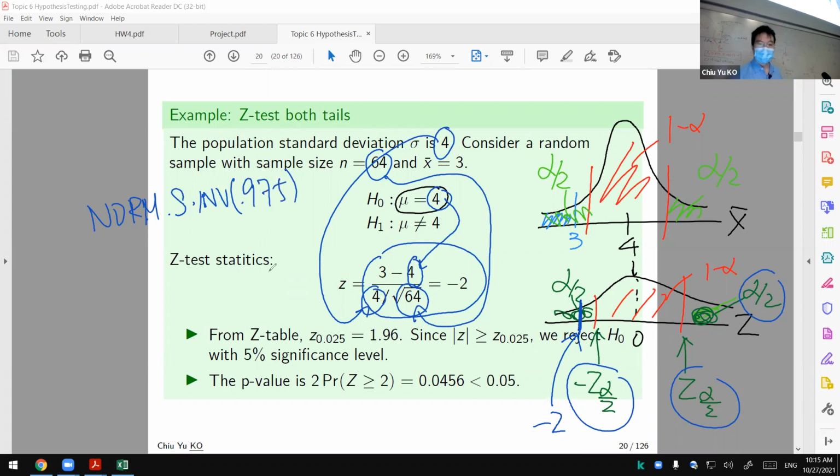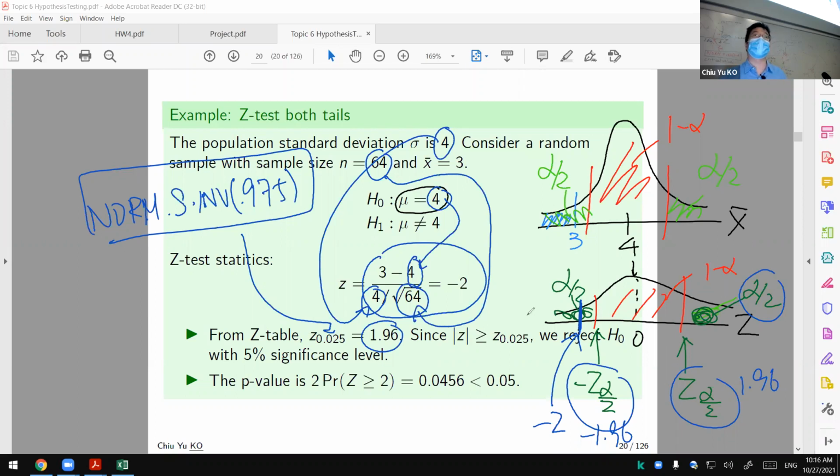This will give you 1.96. I'm not going to show the Excel, I hope this is fine. You can do the Excel. So this is 1.96, and this is negative 1.96. Then this is negative 2, so it's further out than that, and you reject.